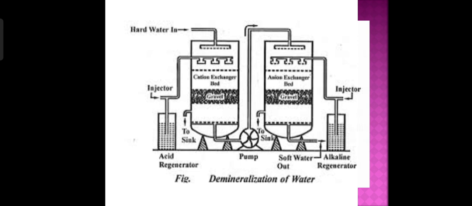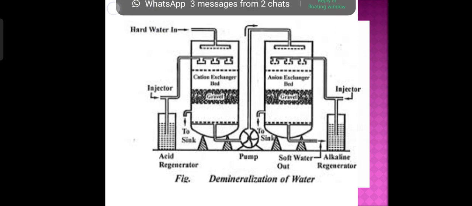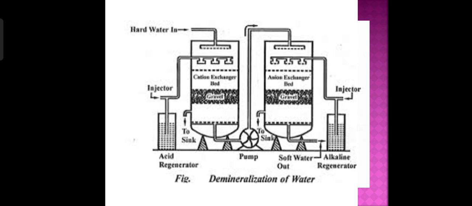It will travel through the gravel layer and collect at the bottom of the cation exchanger, and then it will be pumped to the other exchanger with the help of the pump. As soon as it enters the other exchanger, it is again evenly distributed with the help of the deflector plate. Then the water comes into contact with the anion exchanger bed.